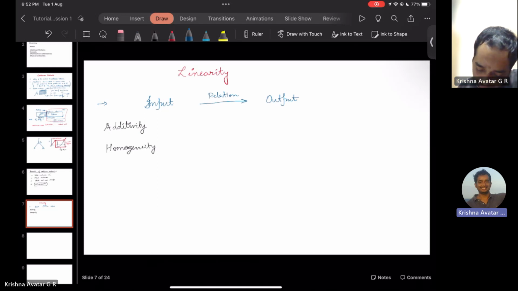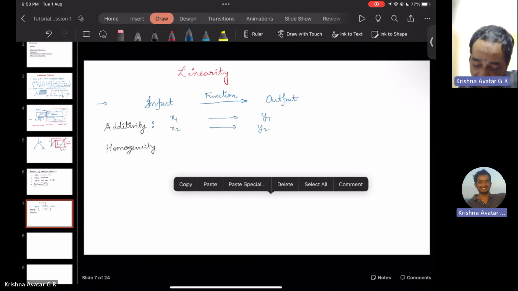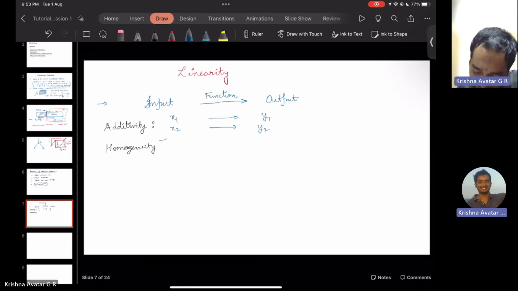Additivity says that if you have an input x1 giving an output y1 and some input x2 giving output y2, under some transformation, which I would call a function rather than a relation here, then x1 plus x2 should give us y1 plus y2. This is known as the principle of additivity.